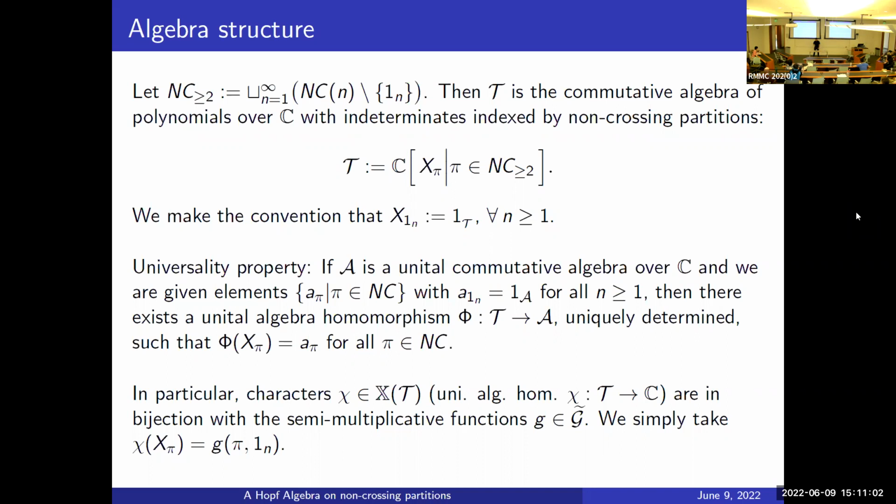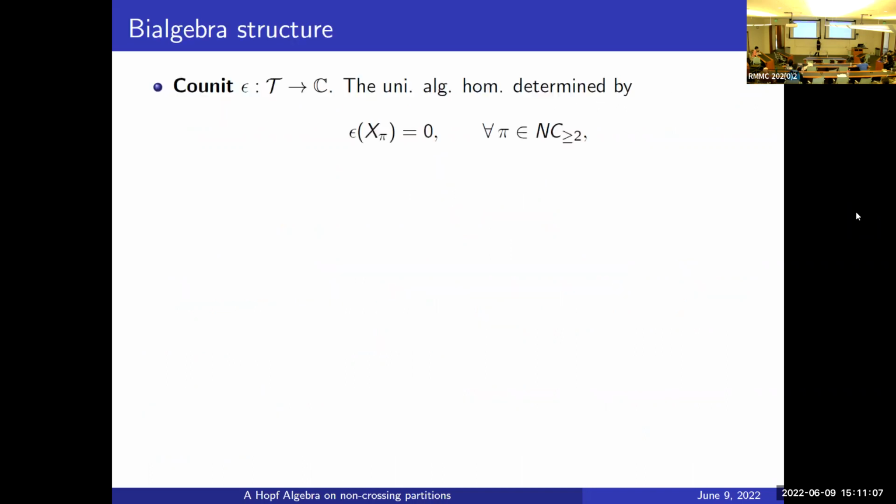Okay, so now what I want to do is to check the convolution. For that I want to give a bialgebra structure, and for that I need a counit. The counit is very simple.